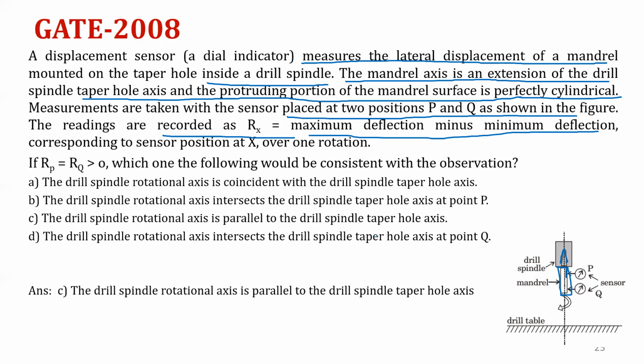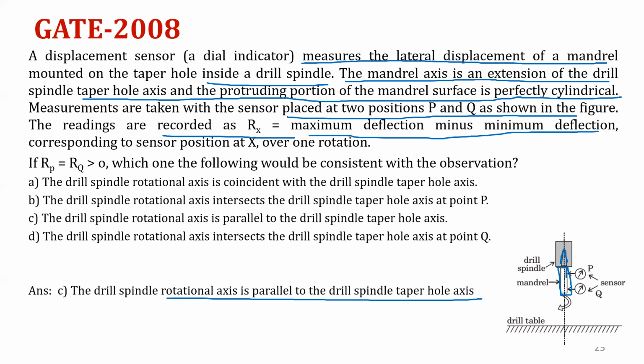Because here Rp is equal to Rq, that means the drill spindle rotational axis is parallel to the drill spindle taper hole axis. Otherwise, Rp would not be equal to Rq.